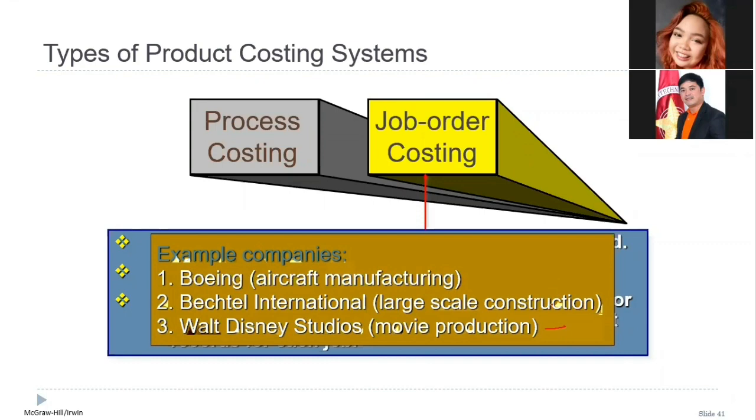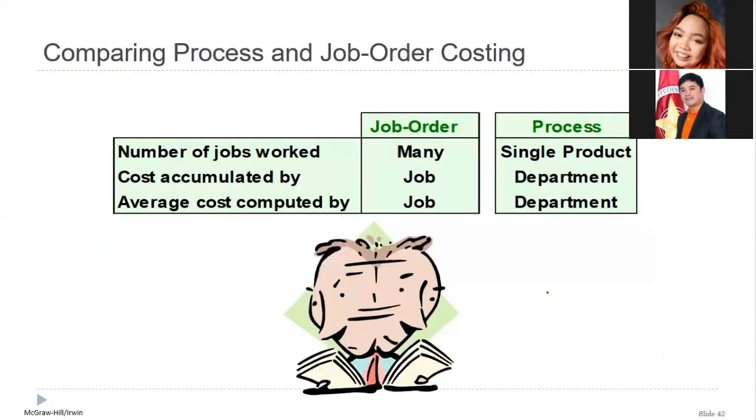Okay? So we have here yung summary ng comparison ng process and job order costing system. So this table just shows to us an overview on the differences between sa job order nga at saka sa process. So with job order, many jobs are worked during the period, pero with process costing system, single product is produced for a long period of time.